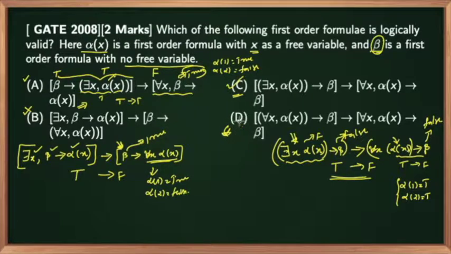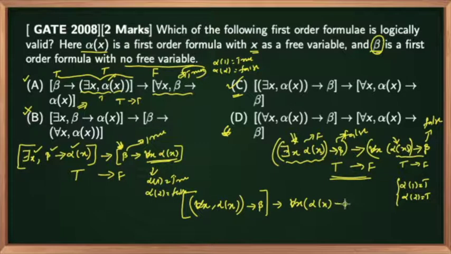We can continue to prove that D is invalid. For example, here we have for all x, alpha of x implies beta, implies for all x, alpha of x implies beta, right?